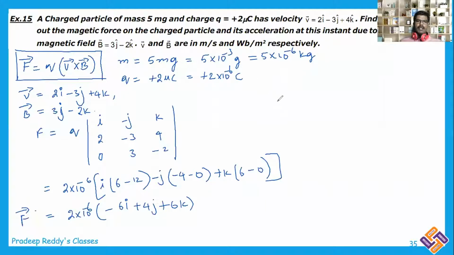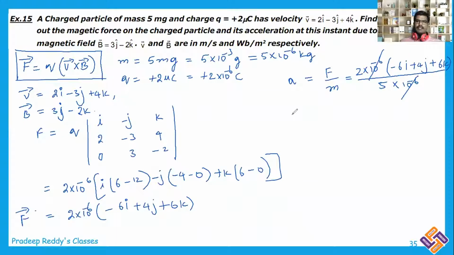Now I want to find out the acceleration of the charged particle. According to Newton's law, acceleration can be written as force divided by mass m. The force acting on the particle is 2 into 10 power minus 6 into minus 6I plus 4J plus 6K, divided by the mass of the particle, 5 into 10 power minus 6. 10 power minus 6 gets cancelled.